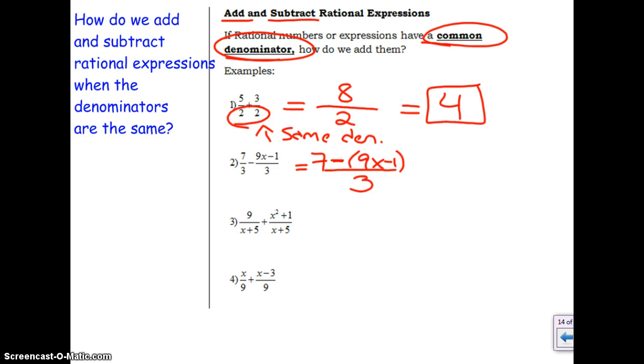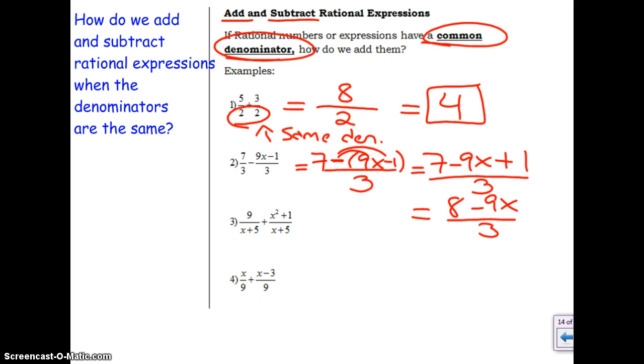So that means it's going to be negative 9x minus 1, which is really going to make negative 9x and then a positive 1 if you distribute that negative. So what we're really looking at here is 7 minus 9x plus 1 over 3, which is really going to be 8 minus 9x divided by 3. Okay? Simplifying the numerator, my denominator is 3 because it was the same from the beginning.